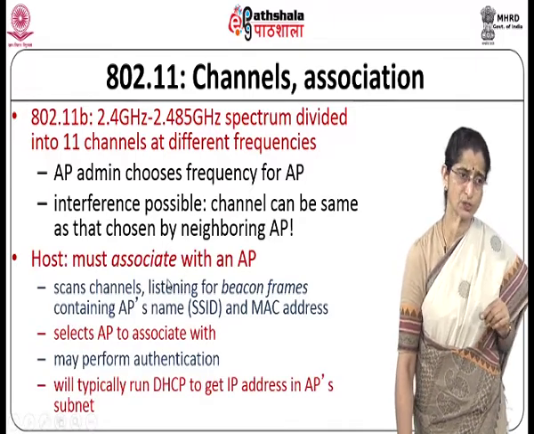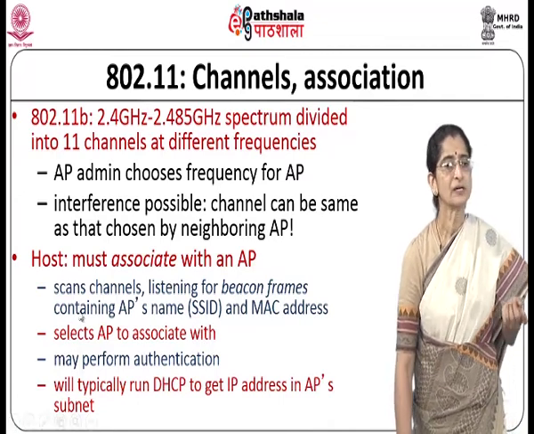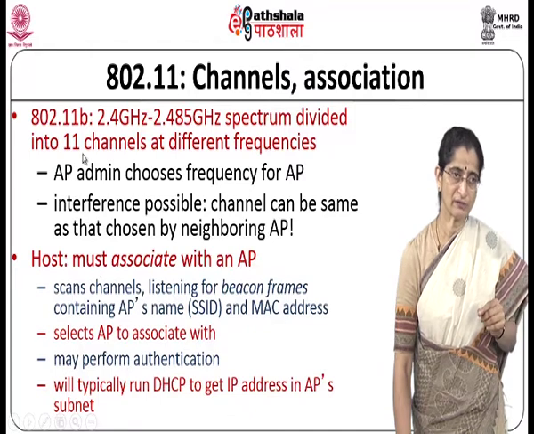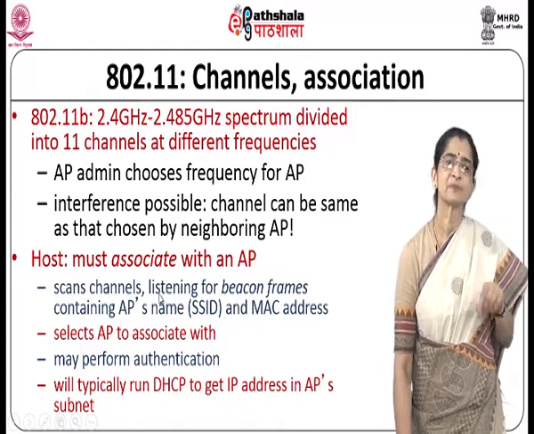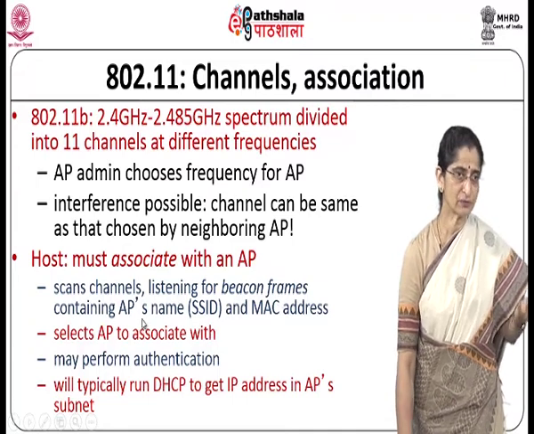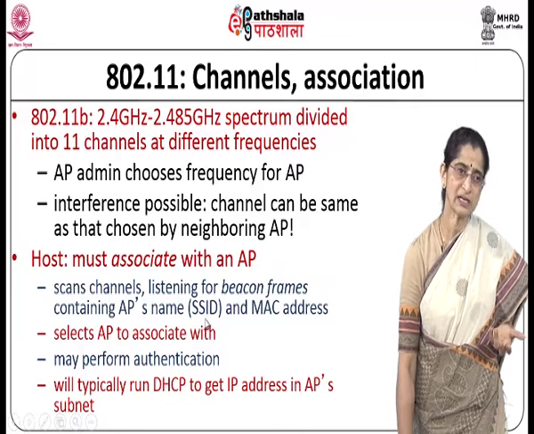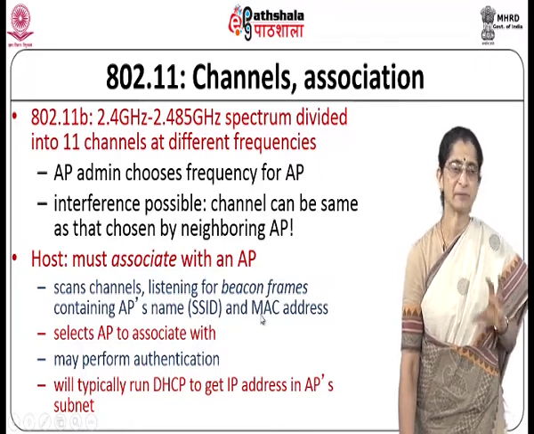And what a host must do is associate with an access point. So how would it do that? It would normally scan the channels. It knows that there are 11 channels at different frequencies, so it will scan these channels, listening for what are called beacon frames, which contain the name of that access point, or what we call the SSID, an identifier, and a MAC address.